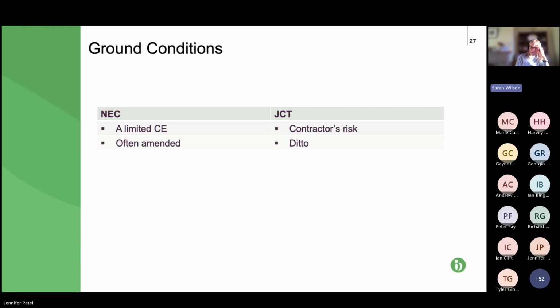And under JCT, sadly for contractors and subcontractors in the room, it's your risk, unless again there's a specific provision to move it back to the paying party. So the next slide, please.